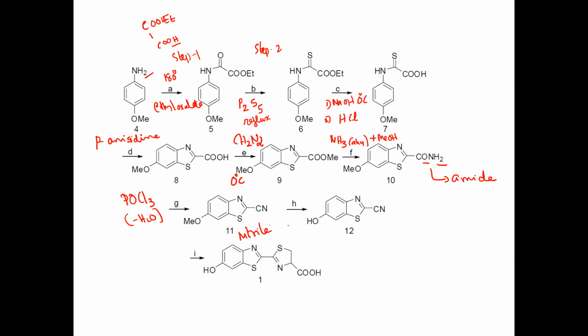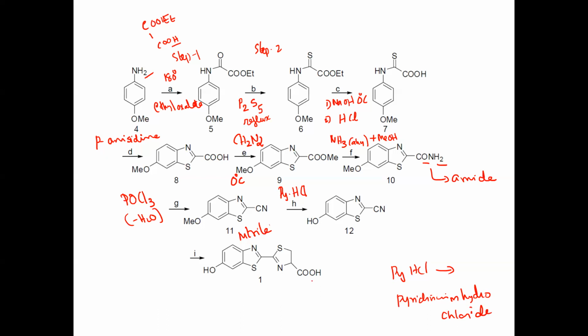The next step, what happens is that we are going to remove the OMe, anisole OMe, and convert it to OH by heating with pyridinium hydrochloride, PyHCl.